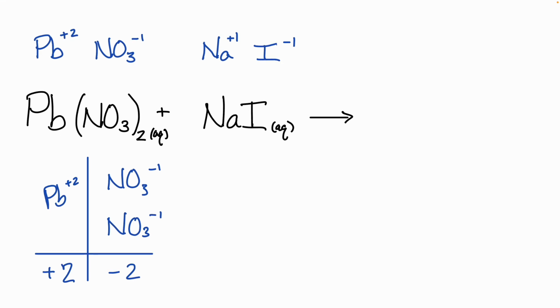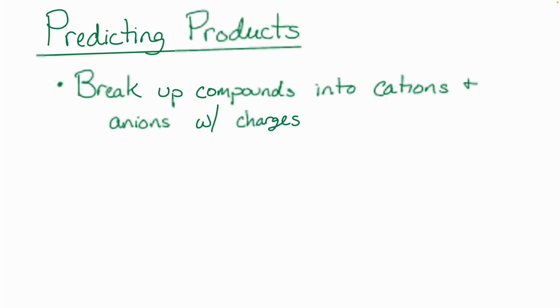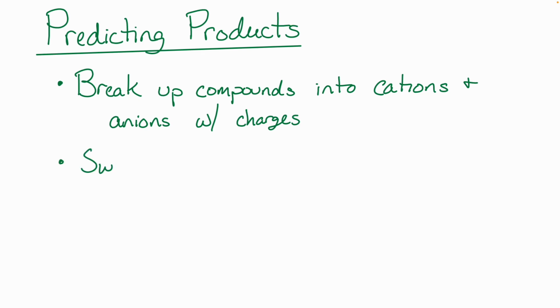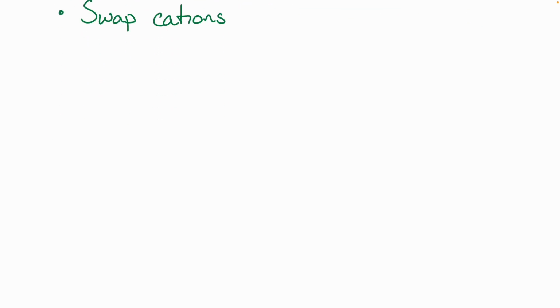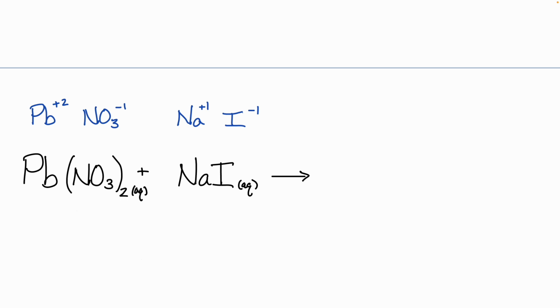Okay, cool. So we have these ions here with their charges. So we broke up our compounds into cations and anions with their charges. And now we're going to swap those cations. All right, so what do I mean by that?